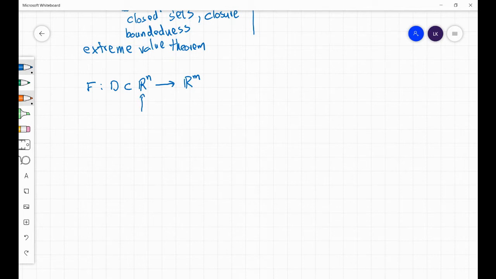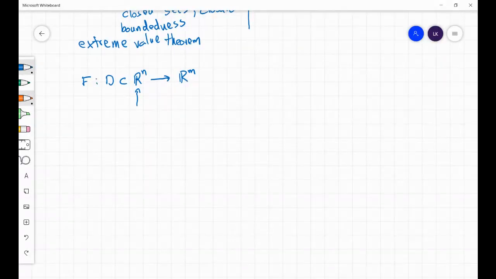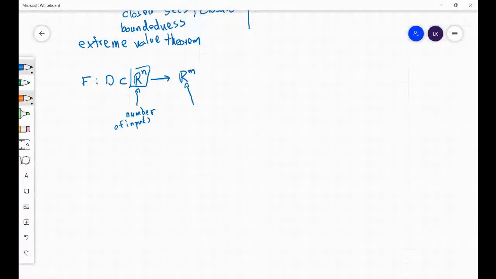You think of this n as telling you how many inputs you have for your function. Or if you think of Rn as a vector space, it gives you the dimension of that vector space. And this m gives you the number of outputs.